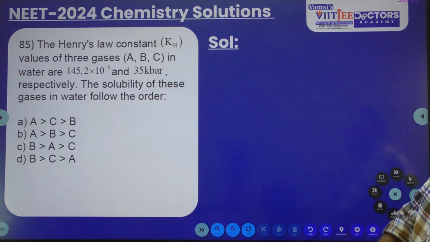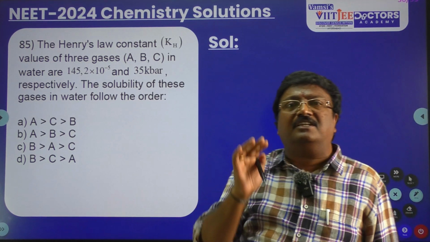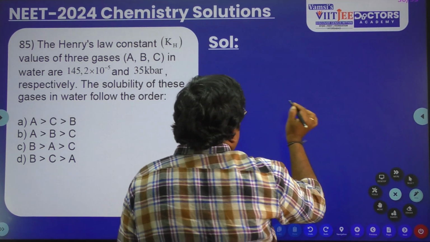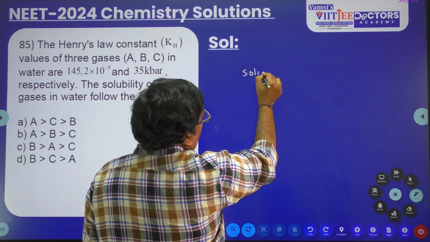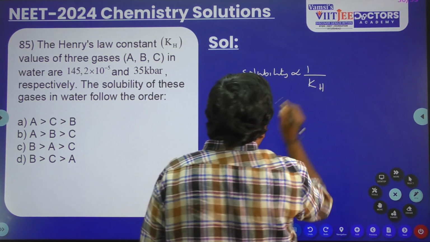And next, 85: Henry's law and solubility. A simple logic is that solubility is inversely related to Henry's constant.